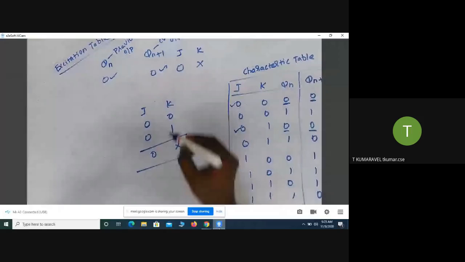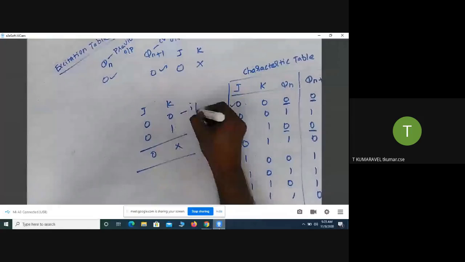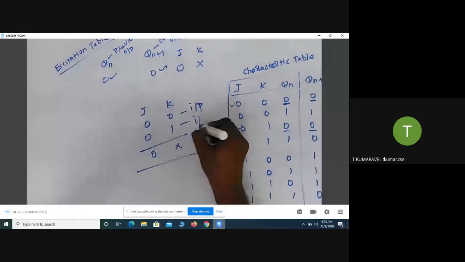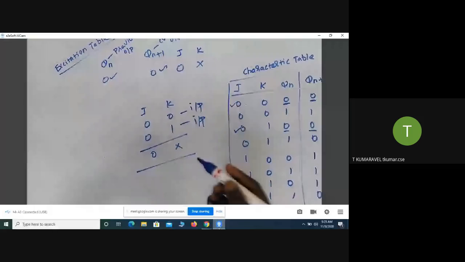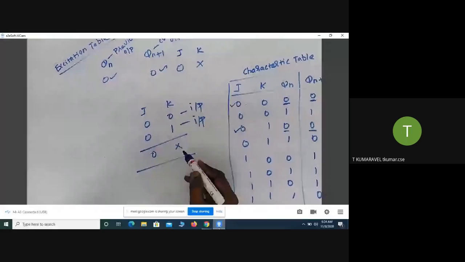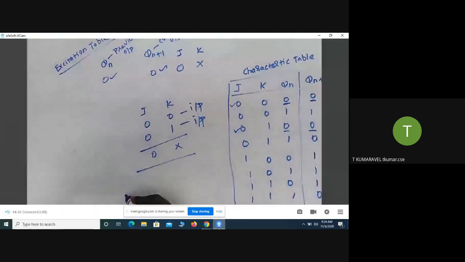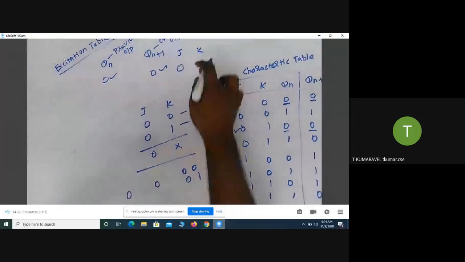Two input combinations are available, one is 0 0 and the other is 0 1. Here J is the same, but K is varying. If K is varying, that can be represented as a don't care condition. That is the meaning: if the previous stage output is 0 and the current output is 0, the input combination is either 0 0 or 0 1, and that can be represented as a don't care condition. Is it okay for you?